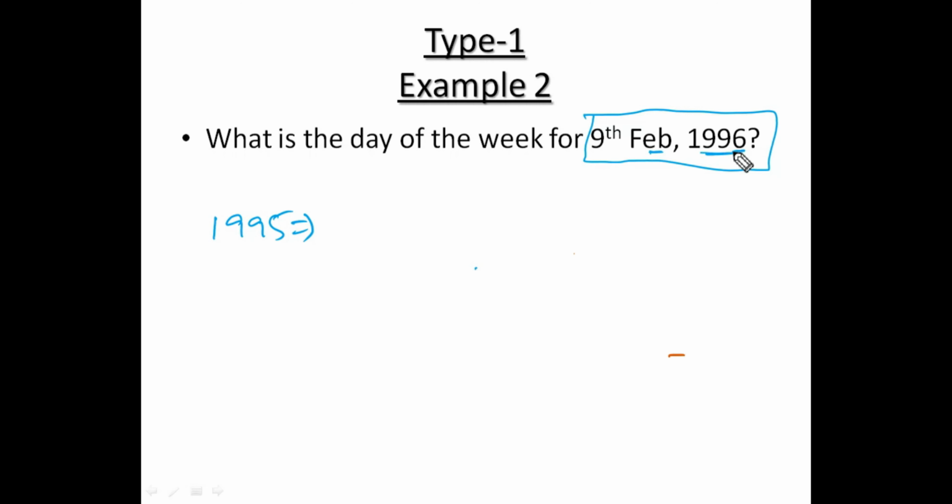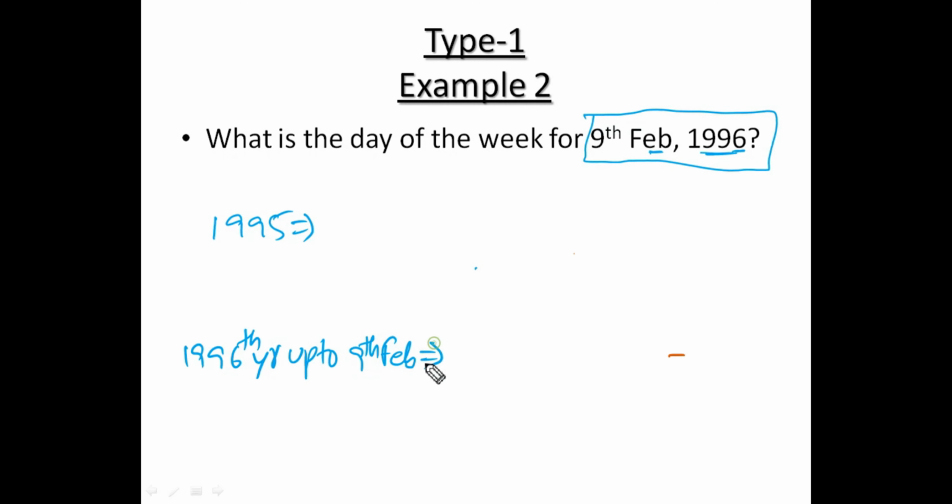Next, in the 1996 year also, it is completed up to 9th February. Take that as another part: 1996 year up to 9th February.